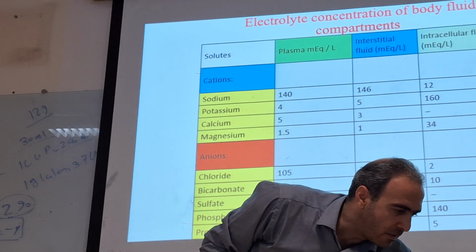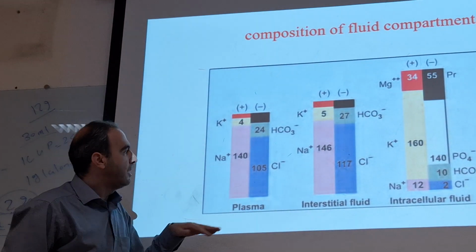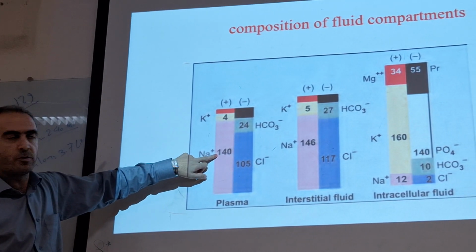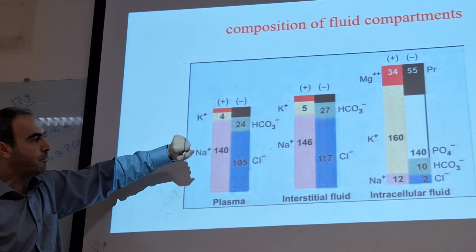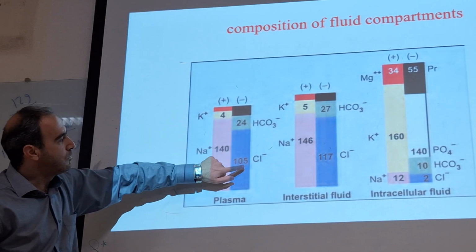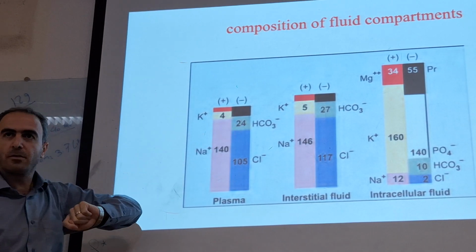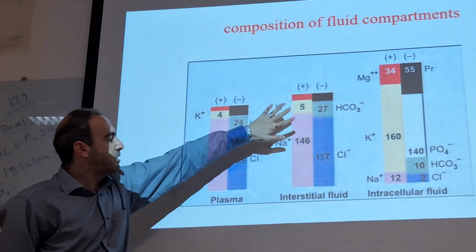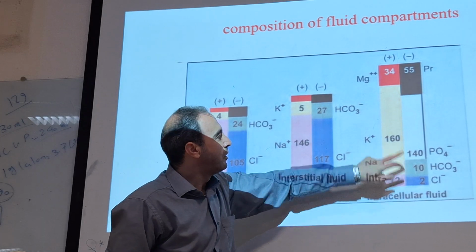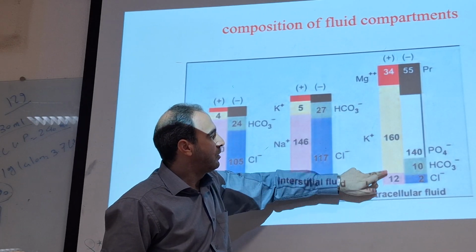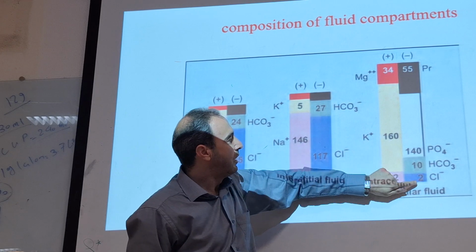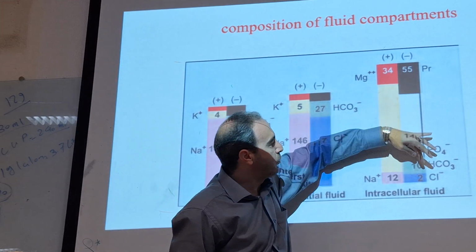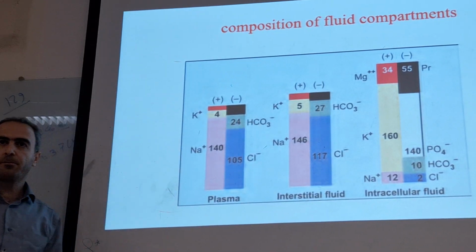Here again you can see in plasma, sodium 140, potassium 4. Okay? Related to anion, chloride and bicarbonate, 105, 24. Interstitial doesn't matter for intracellular. Potassium is the main one, and sodium and magnesium, and phosphate is the main anion, in addition to protein, bicarbonate, and chloride.